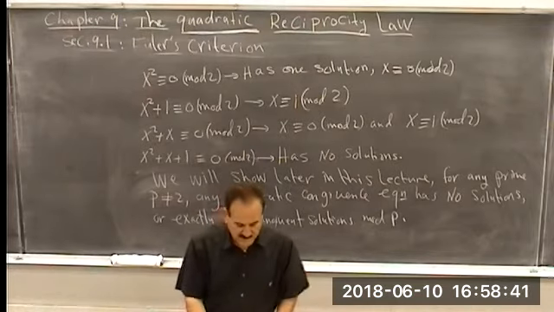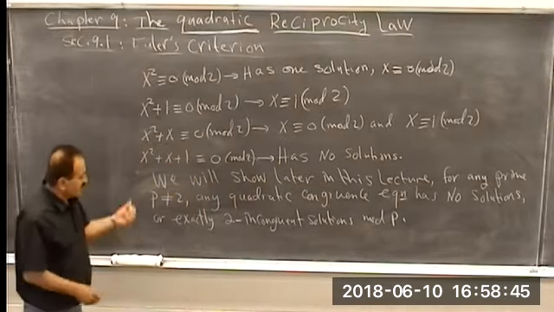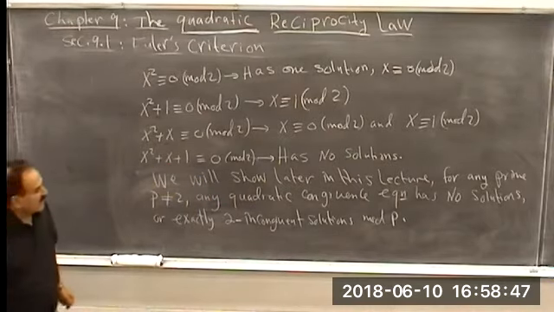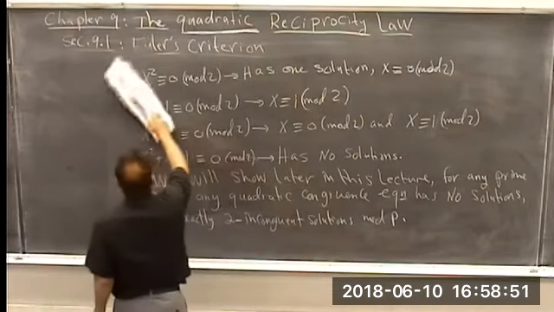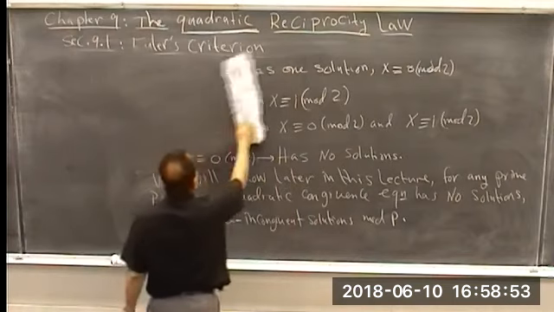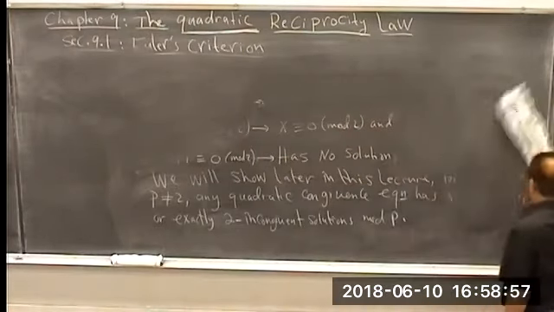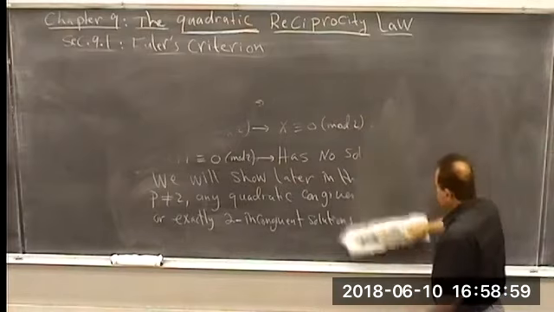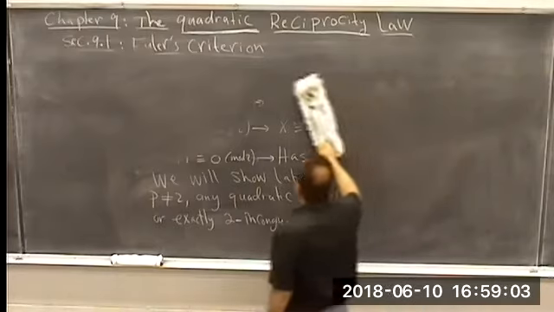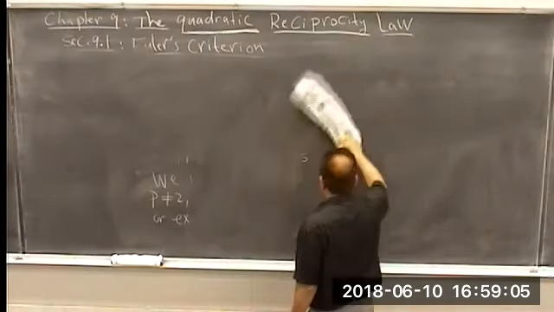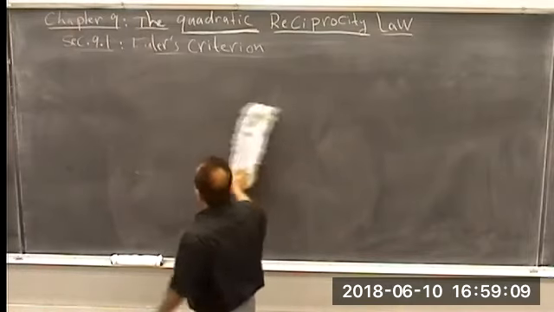With this, now let's look at the case where p is actually an odd prime and find a criterion, or what we call a necessary and sufficient condition, for its solvability. Because the case for p equal 2 is trivial, we look at the general case for odd primes.